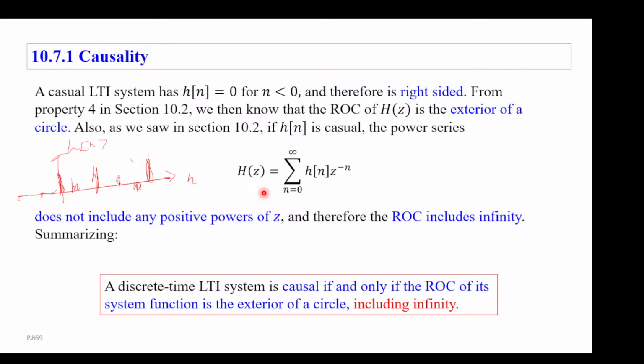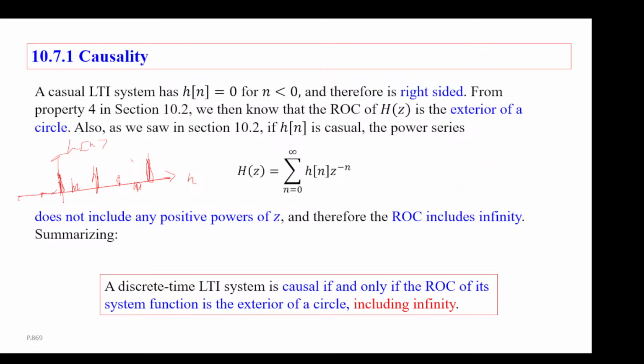So if it is causal, and we think about big H of z as this power series expansion of small h of n, it's the summation of small h of n times z to the minus n, usually from minus infinity to plus infinity. But it's causal, so n only goes from 0 to plus infinity. So we see that this has no positive power of z, and so this will converge at z equal to infinity, and this is actually an if and only if.